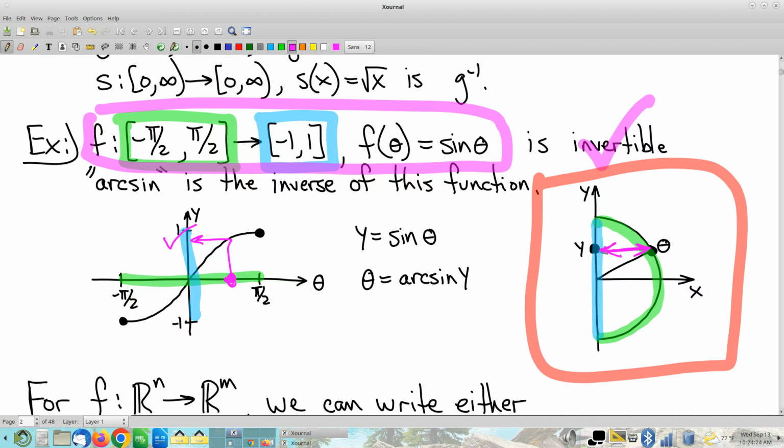Just an easy one-to-one pairing, and thus easy to see that defined like this, what I'm calling the invertible sine function, is invertible. Okay. Is everybody happy?